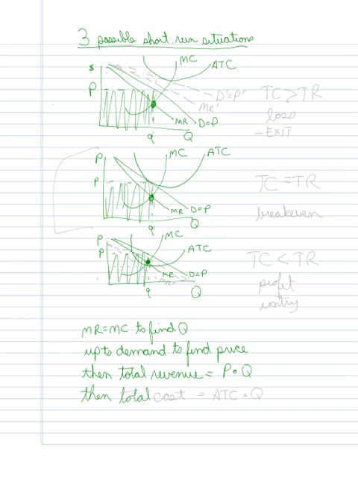Then total cost equals ATC times Q, which means I go from my Q and find the costs. Here we see that total cost exceeds total revenue. Here total cost equals total revenue. Over here total costs are less than total revenue. Another way of reading these would be that you have a loss, you break even, and you profit.